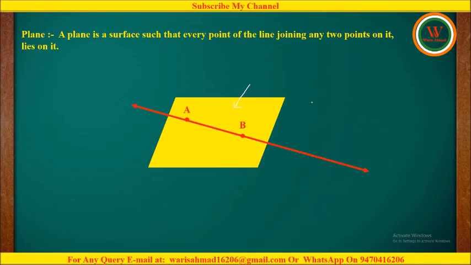But whenever we talk about a curved surface, suppose this is the curved surface. The first point is here while the second point is here. Then we can never draw a straight line passing through these 2 points.